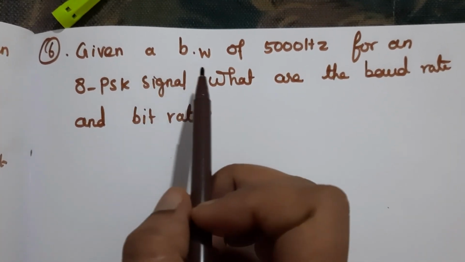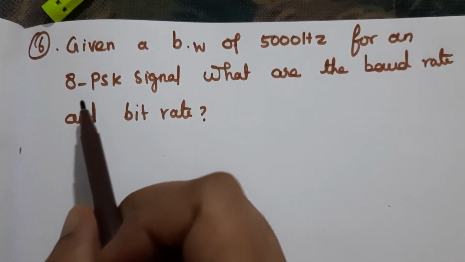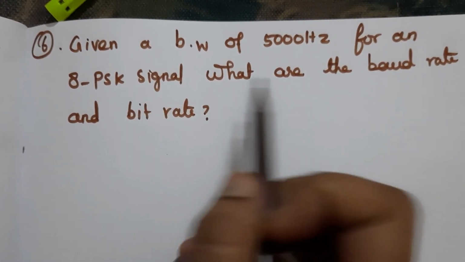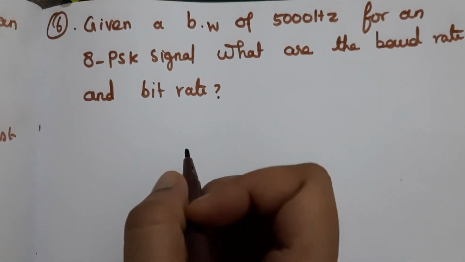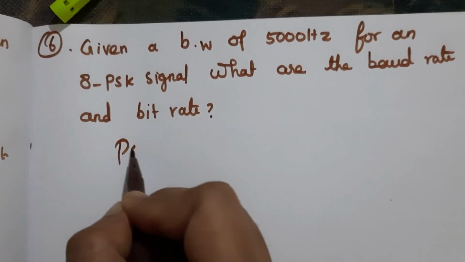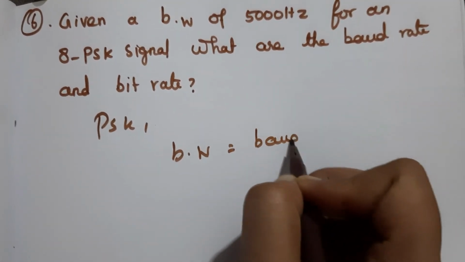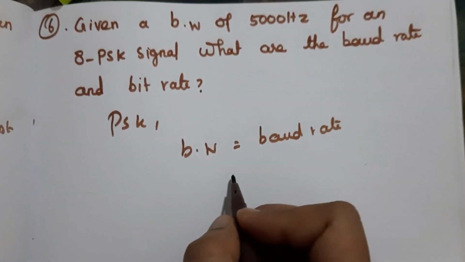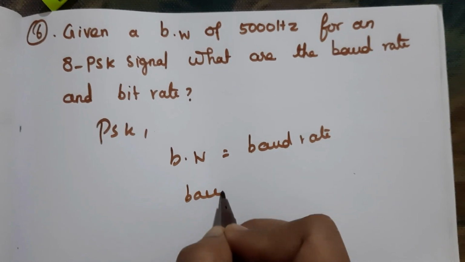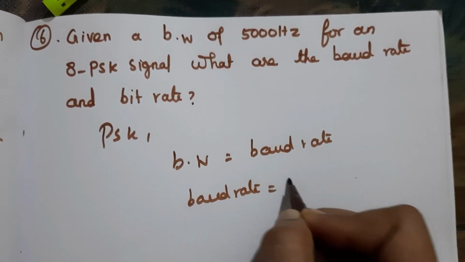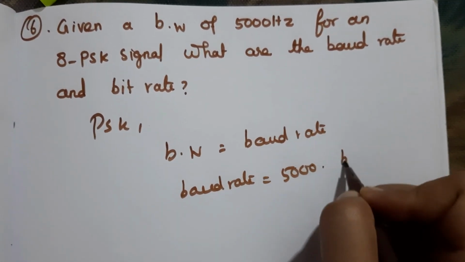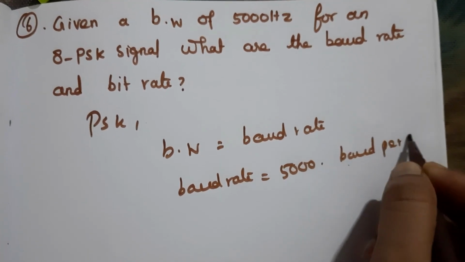Next question, given a bandwidth of 5000 Hz for an 8-PSK signal, what are the baud rate and bit rate? In PSK, bandwidth is equal to baud rate. So baud rate here is 5000 baud per second.